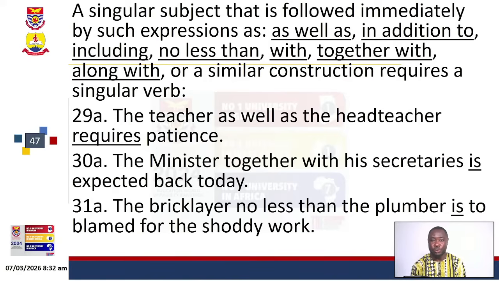This is a rule. You need to write this, rewrite it, and use it because it's a rule, it's a convention. Example 29a. The teacher as well as the head teacher requires patience or needs patience.